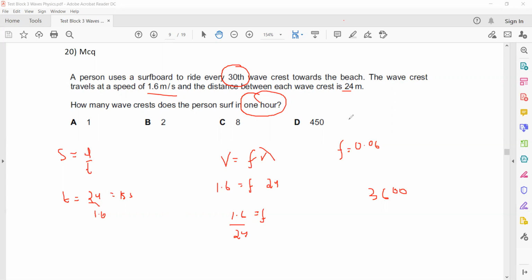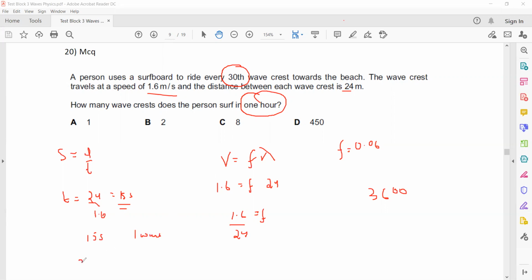Now you can find the total number of waves in this time interval. This is the time for one wave, so 15 seconds represents one wave.